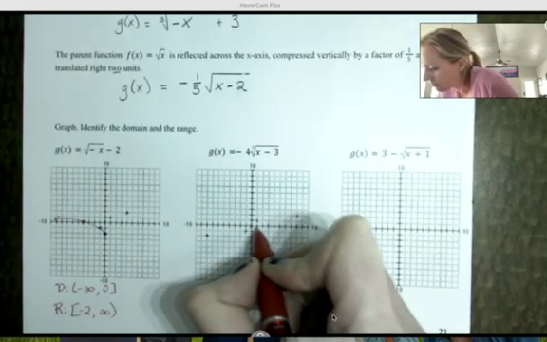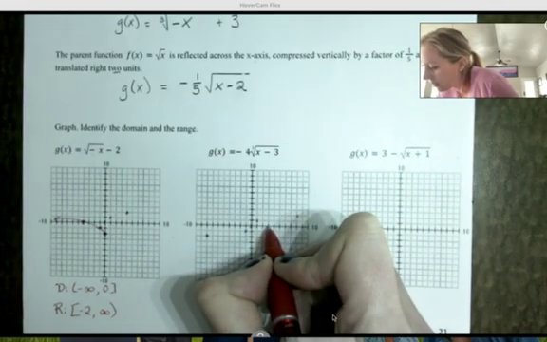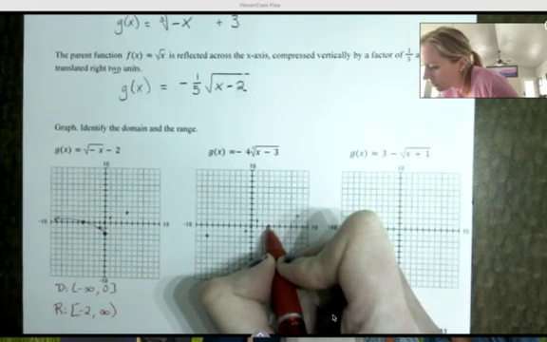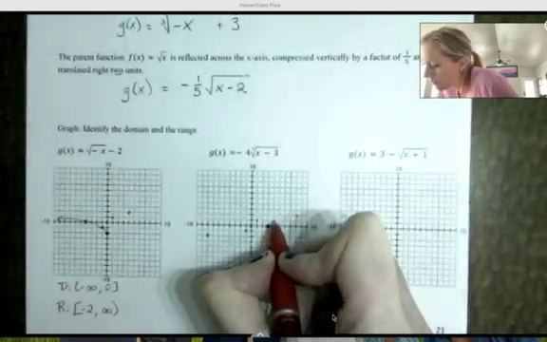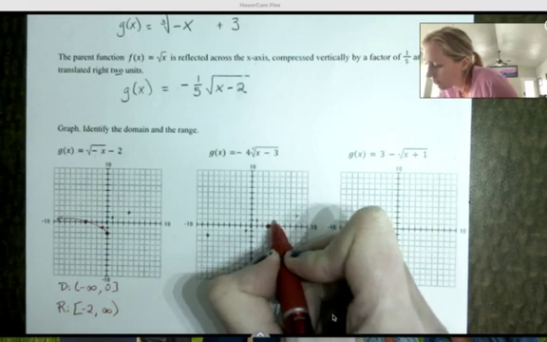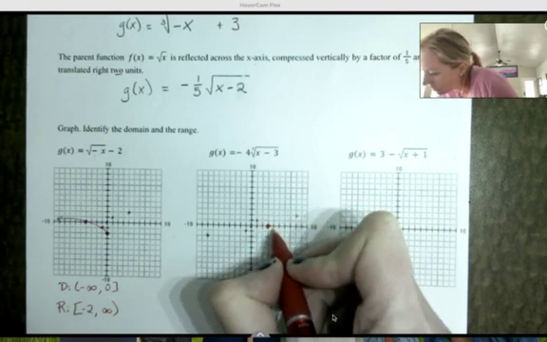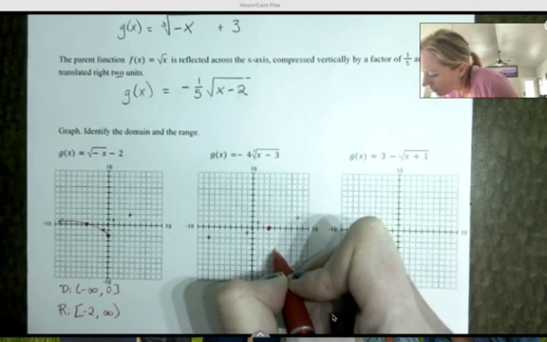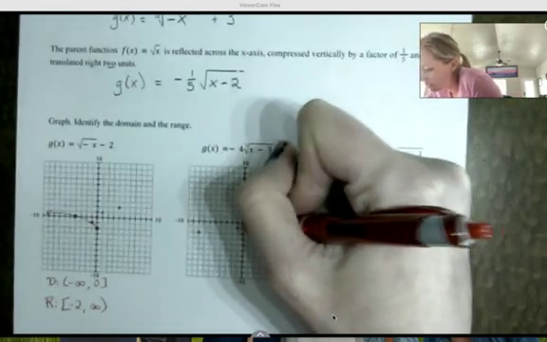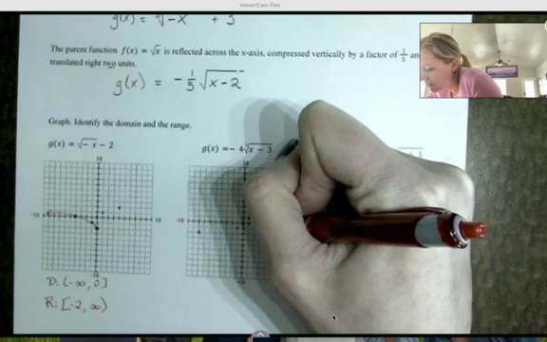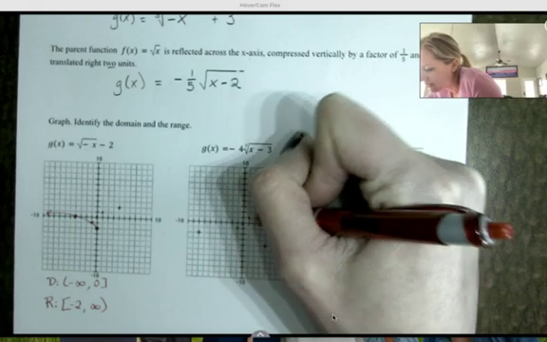We go right 3, and then multiply by -4, still going to be there. Right 3, 1, 2, 3, multiply that y value by -4, so it's going to put me down at -4. This one, right 3, multiplied by -4 is going to put me up at +4.